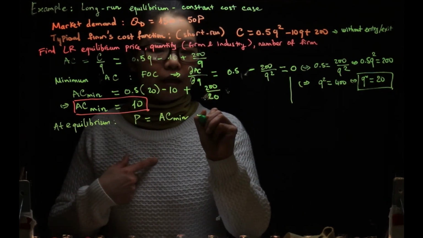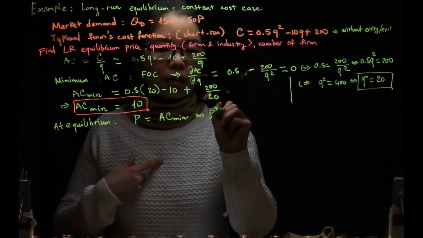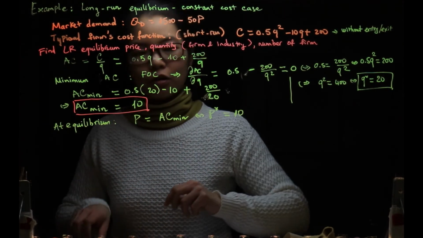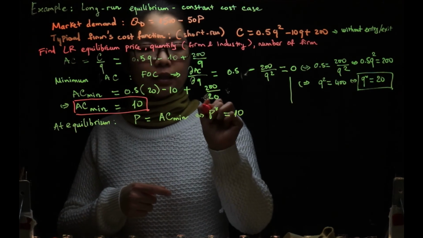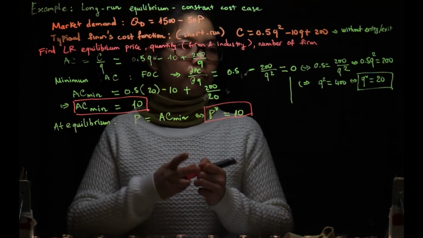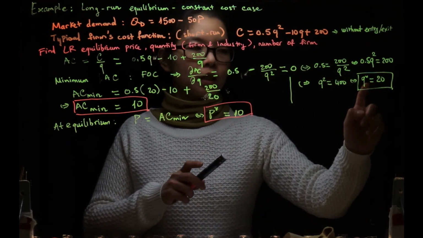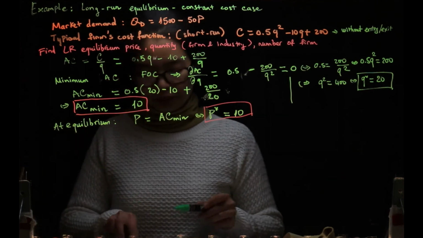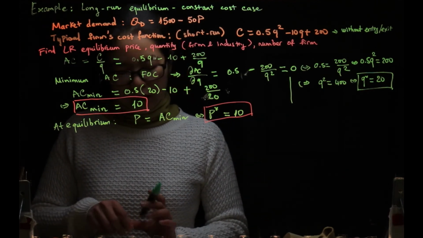So that is P star equals 10. Very nice. We found one, actually two, because the quantity for the firm we found already.